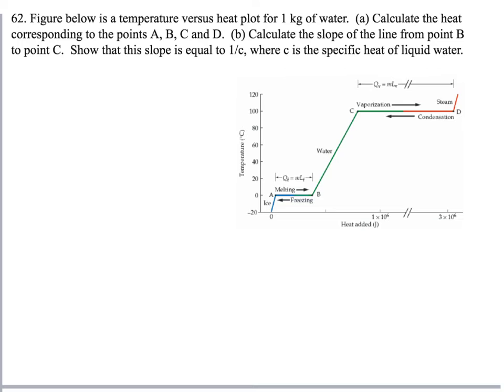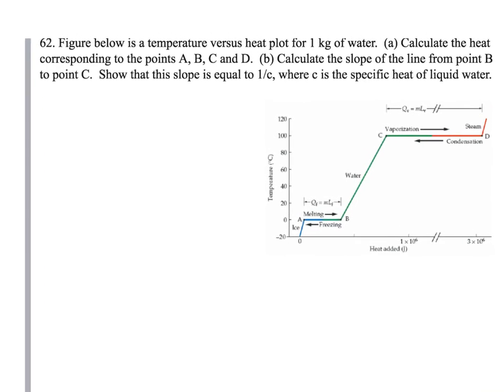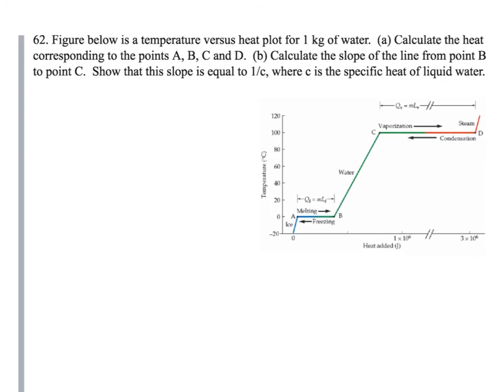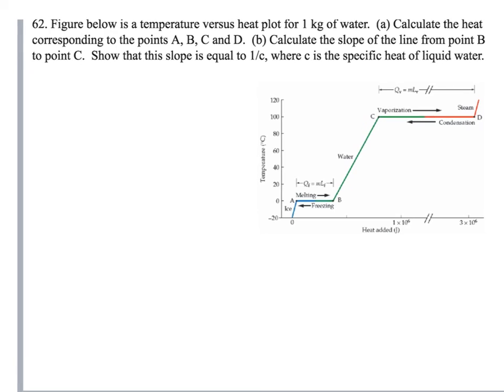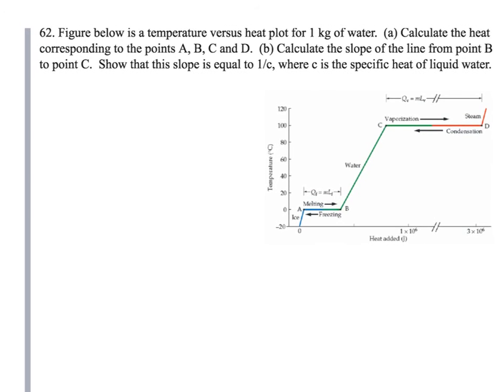Actually, we're just going to start from A. So it's asking us to calculate the heat corresponding to points A, B, C, and D, and then calculate the slope of the line.